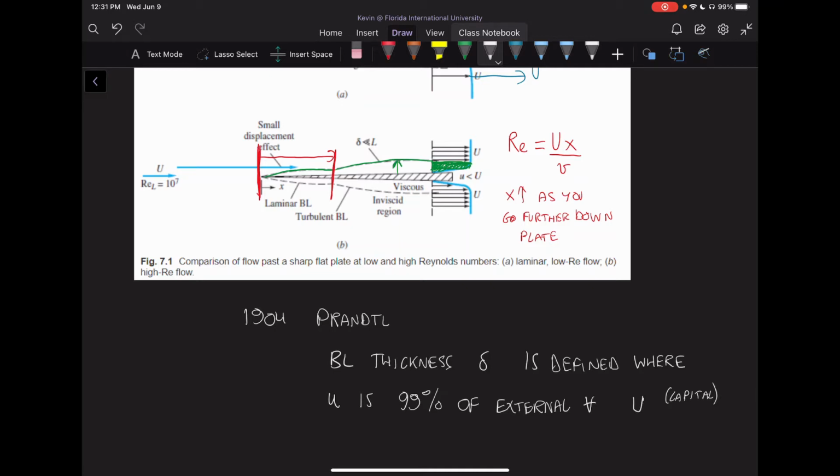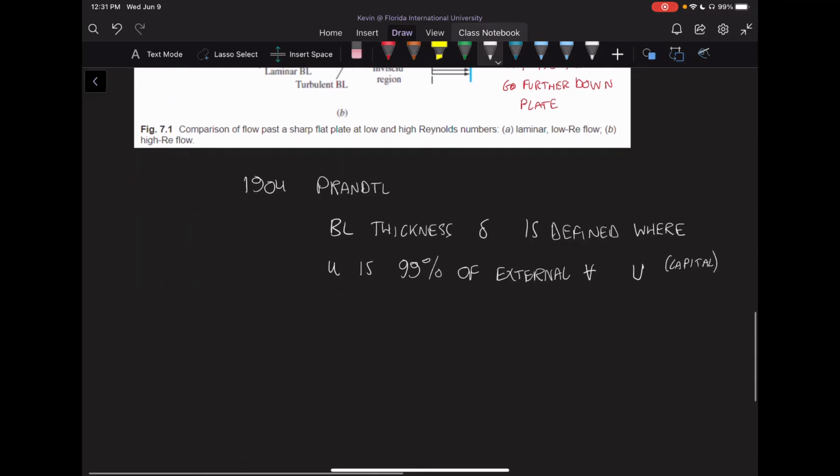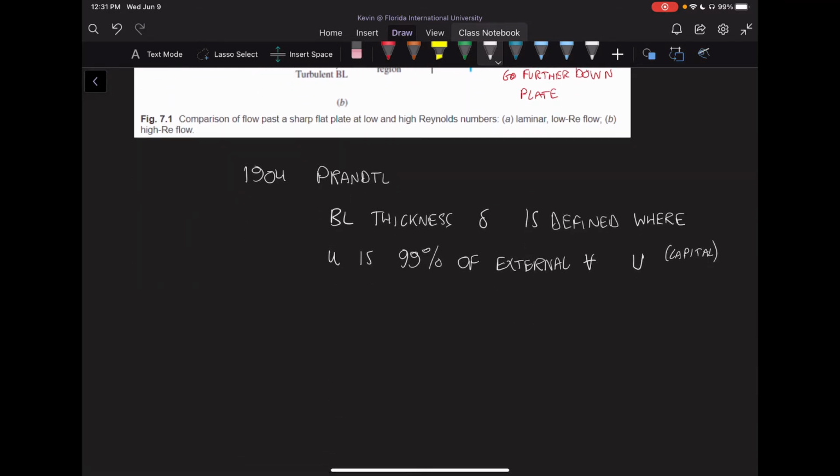Okay, and Prandtl also derived from his boundary layer work that for flat plate flow, he said that his delta over x from experimental testing was equal to the following equations.